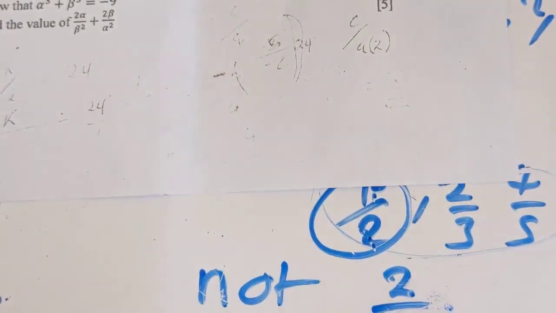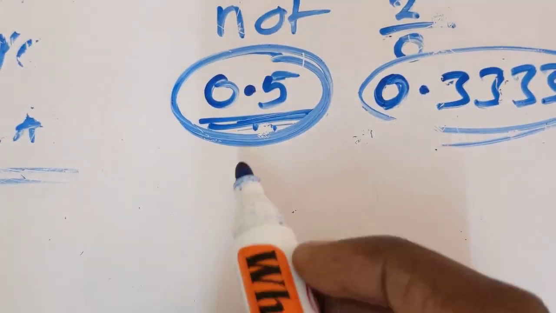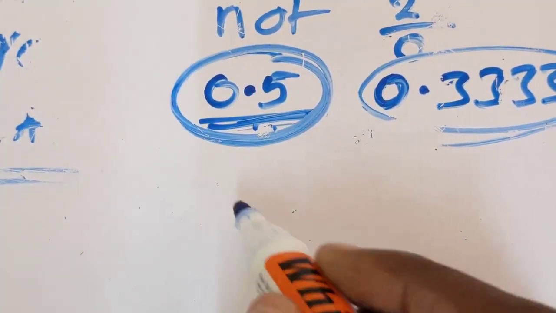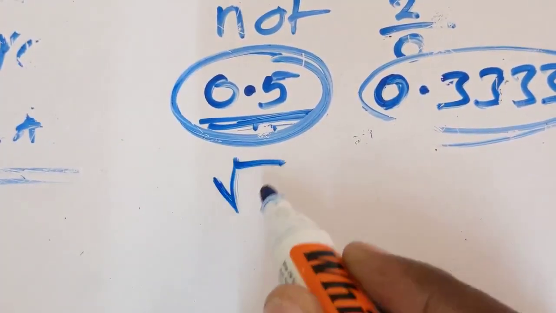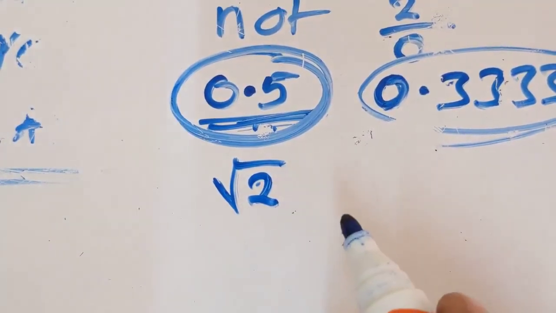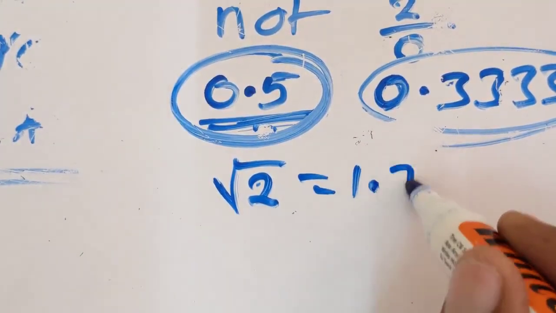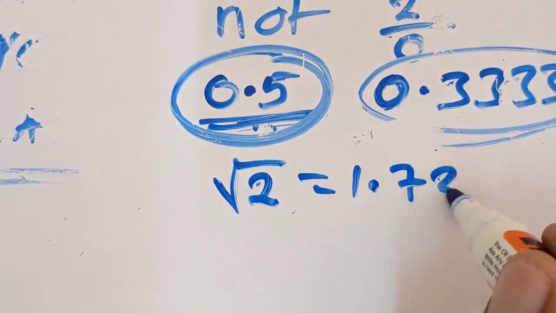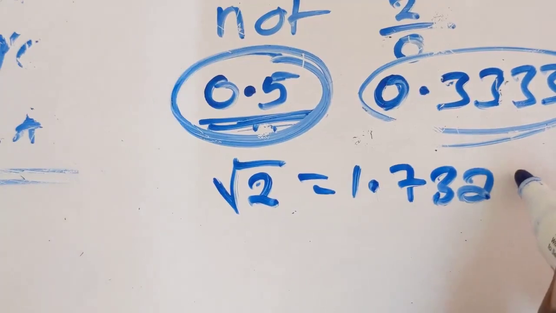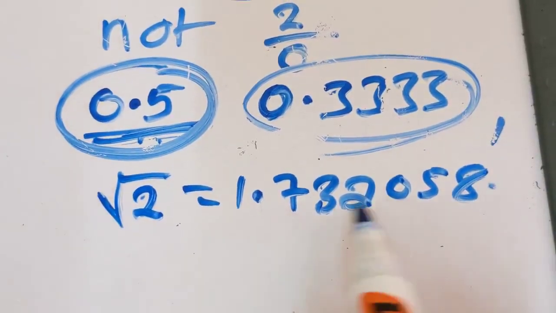So you find, let's say, root of 2. When you get a calculator and you do root of 2, you find an answer which is like this: 1.7232058 like that. They don't end.